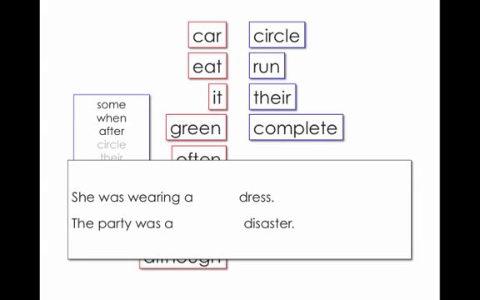She was wearing a dress, the party was a disaster. These sentences are already complete, but when we add the highlighted words, we have more information than we did to begin with. More information about the dress, more information about the disaster. Okay, let's move on.